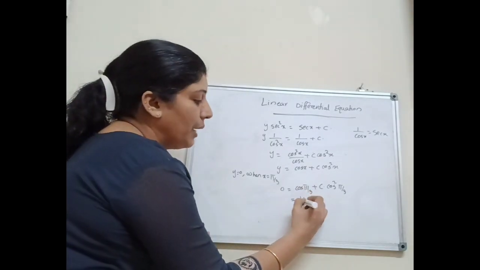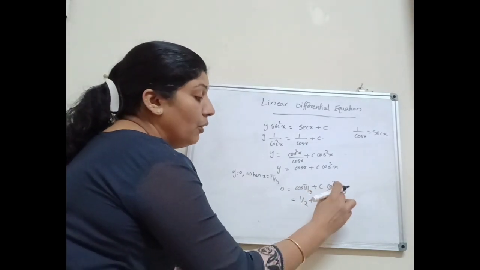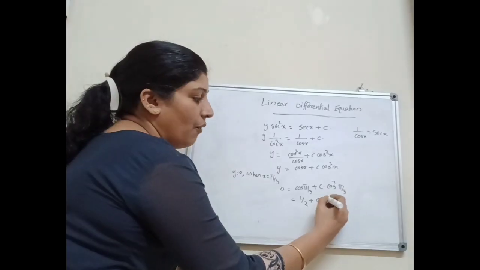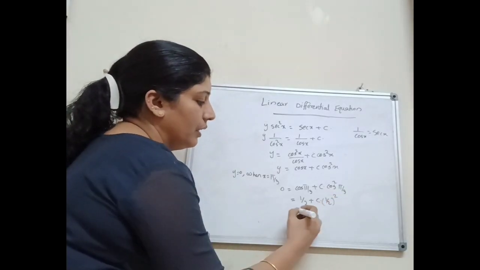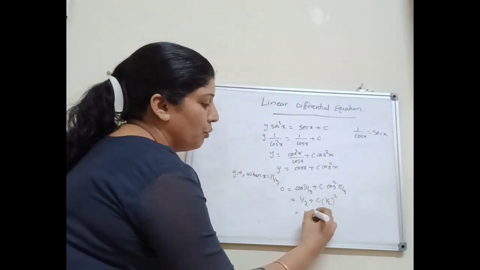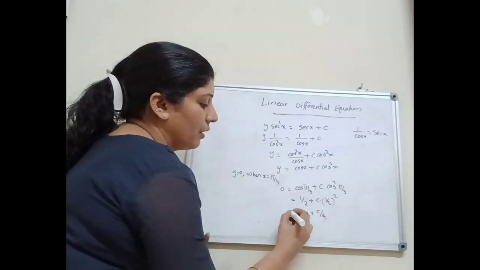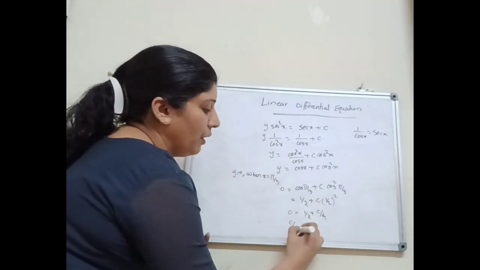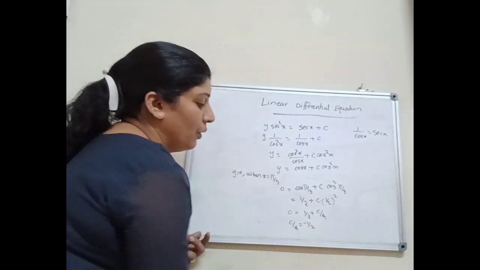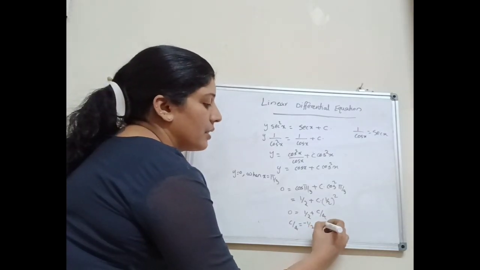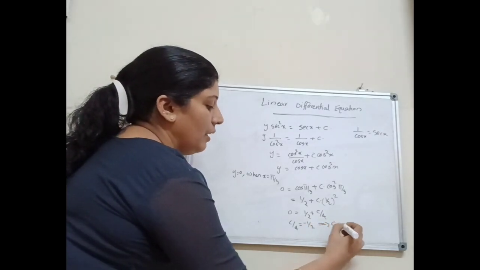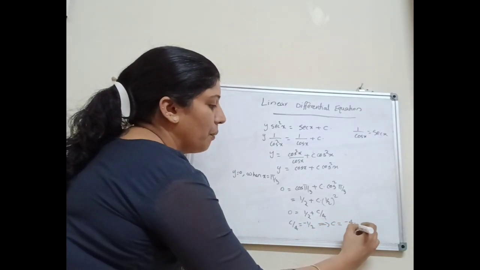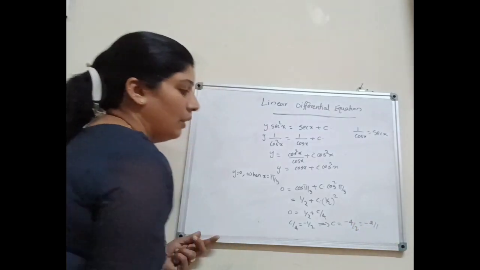That is 1 by 2 plus c into cos square pi by 3, that is 1 by 2 square. This equals 1 by 2 plus c by 4. Therefore, c by 4 equals minus 1 by 2. Then c equals minus 4 by 2, that's equal to minus 2.